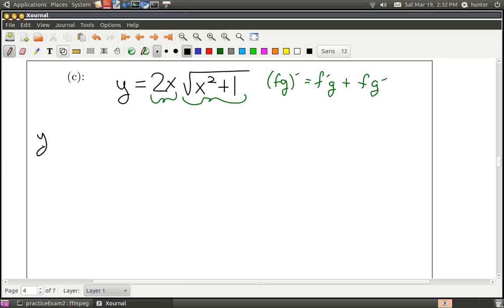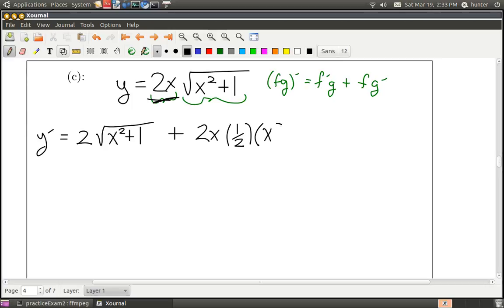Alright, so y prime is equal to, the derivative of this first part is 2. Okay, and the product rule tells me to leave this other thing alone. X squared plus 1. Okay, now I do plus, and the product rule tells me to leave the first thing alone and take the derivative of the second thing. So use the chain rule to do that.